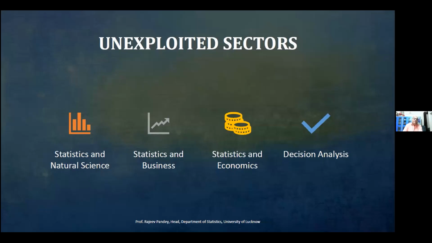Now, unexploited sectors are also where we use statistics and natural science. This is my suggestion to all our students. You can explore the intersection of statistics and biology in genetics, biometrical data science, or statistical mechanics applied to genetic theory.